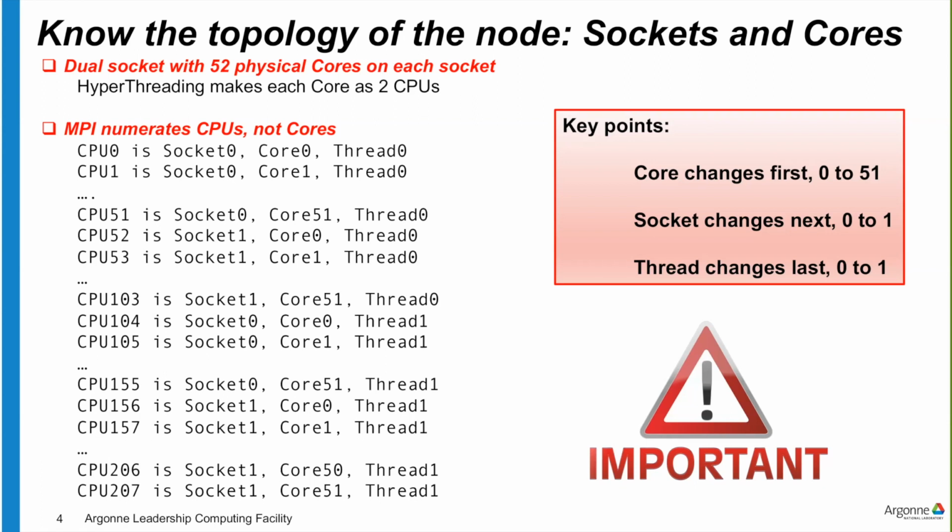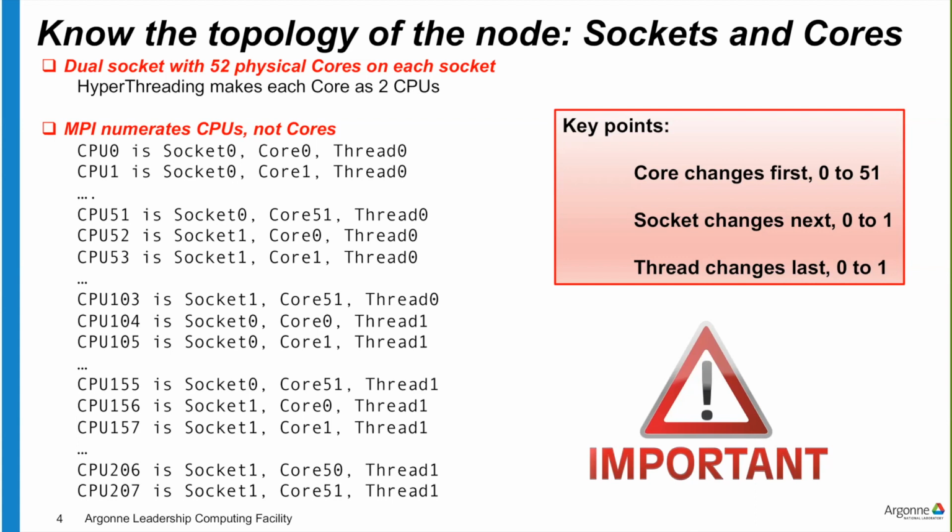The cores are numbered starting from socket 0, continuing through the cores on the first socket, then wrapping to socket 1. So core 52 is the first core of socket 1. Once we finish the cores on the second socket, the numbering starts over and returns to socket 0, so thread 1.